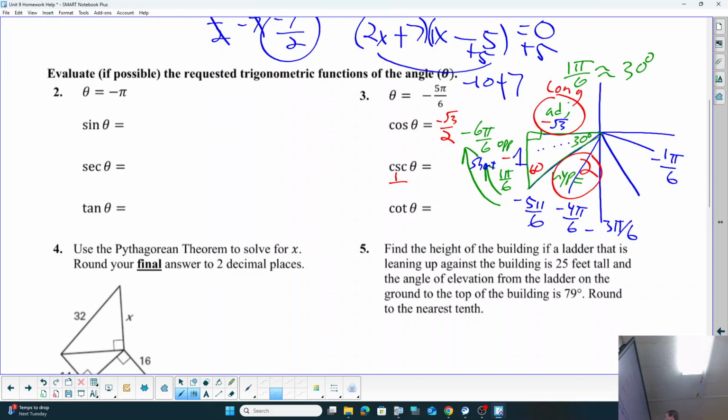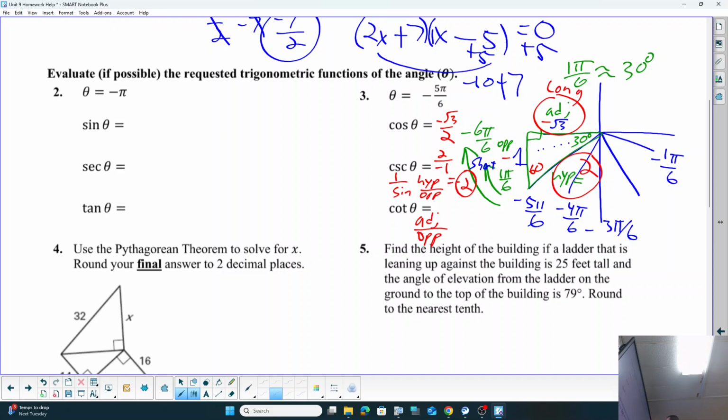Cosecant is 1 over sine, or sine flipped, so that's hypotenuse over opposite. That's going to be 2 over -1, so that's a -2. And then cotangent is adjacent over opposite, because tangent is opposite over adjacent, then we flip it.